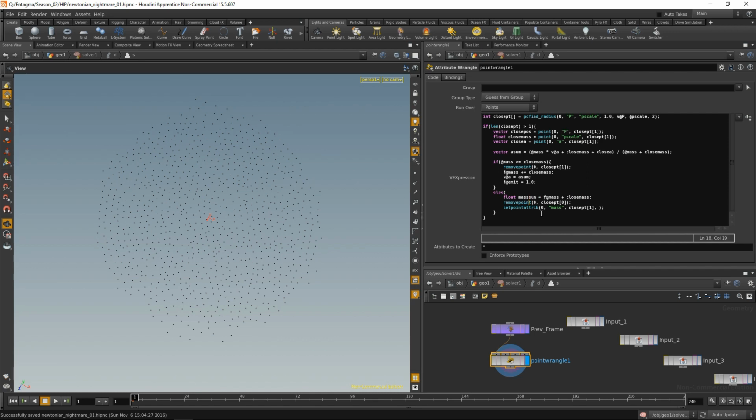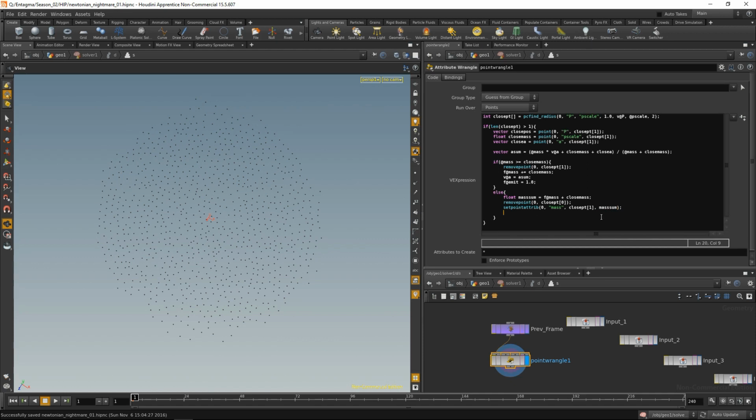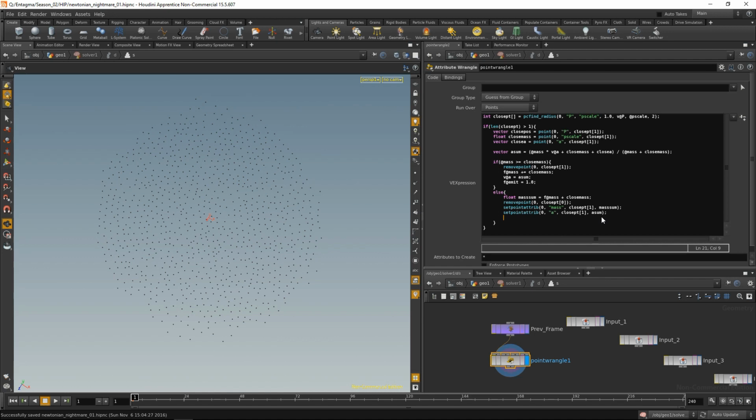And this needs 3 S's. Also, I'd like to update the acceleration vector, and the emit value.